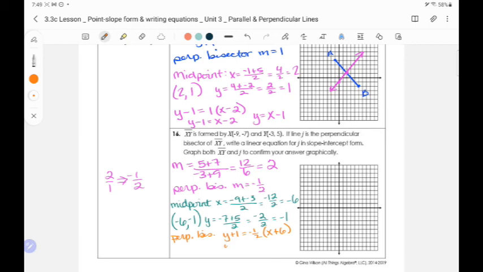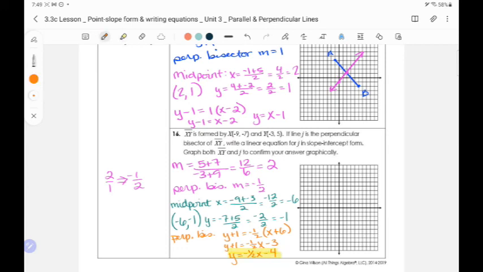Distribute that out. y plus 1 equals -1/2 x, and 1/2 times 6 is -3. And then we've got to subtract the 1. So we're going to have -1/2 x, -3 minus 1 is -4. And that's going to be our answer right there for the perpendicular bisector.